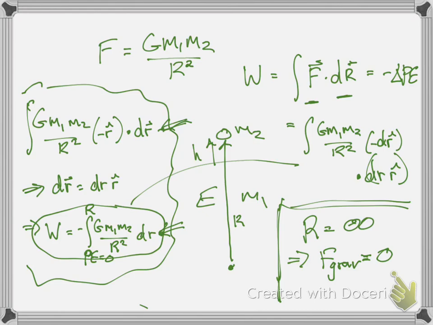Mathematically, if I put r equal infinity in the bottom of the force equation, the force goes to 0, and therefore the potential energy goes to 0. So we're going to do this integral from infinity to r, and what we end up getting is the work to go from infinity to r is plus G m1 m2 over r. That's when we do the integral.